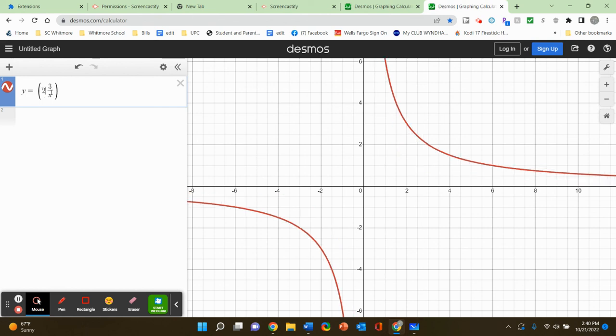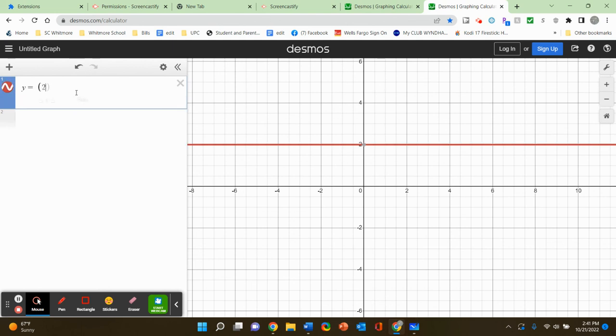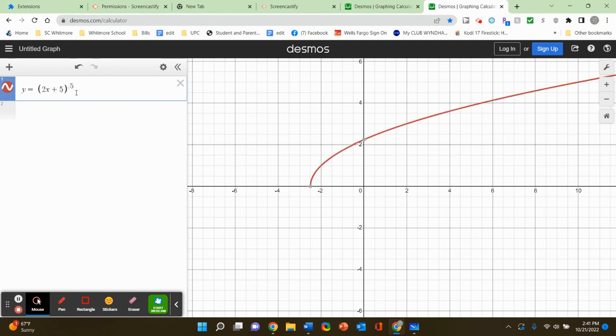We're going to have 2x plus 5. And I'm going to get rid of this. I don't know why that carried over. And 0.5 is the same as square root. So I'm going to do it like that. And you see right there, that's at -2.5, just like we found.